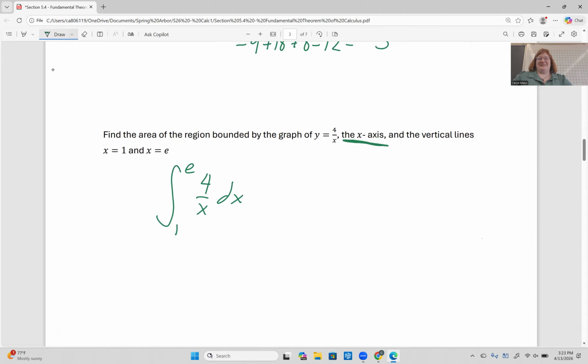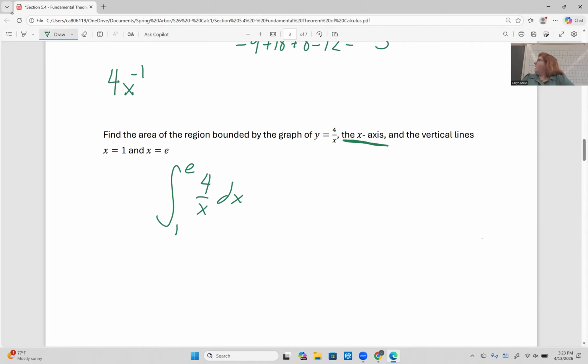what is the antiderivative of 4 over x? I talked about how I remember which one this is. What is the typical process of taking an antiderivative when I have a power?